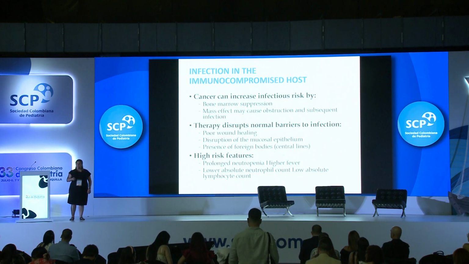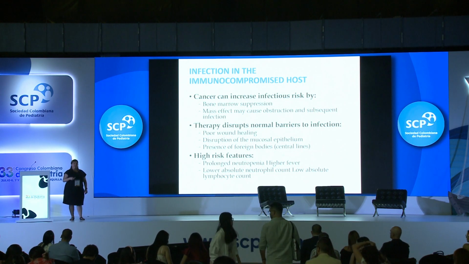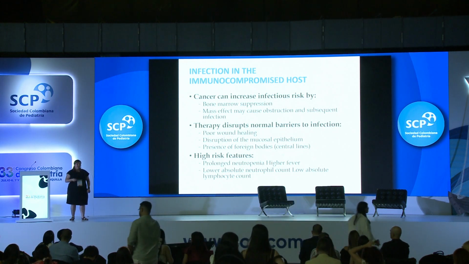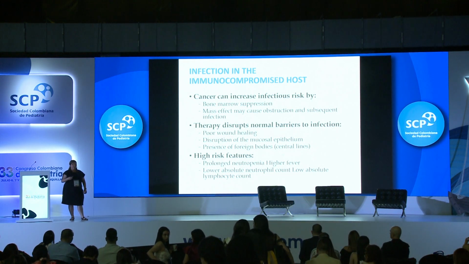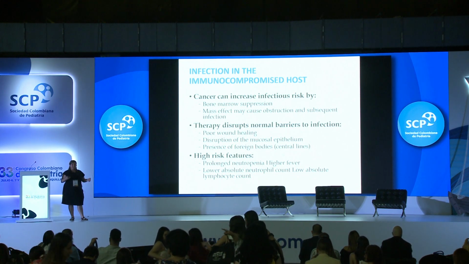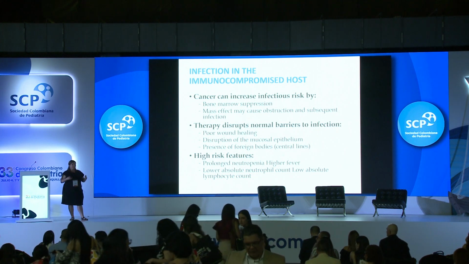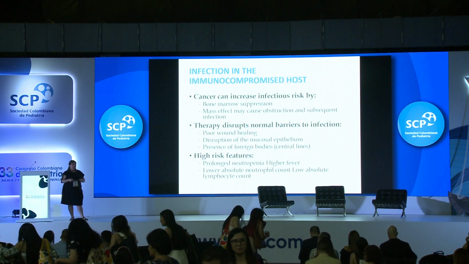The therapies that we give, so chemotherapy, radiation, conditioning regimens for transplant, all of those can disrupt the normal barriers to infection. And so things that patients typically have to help prevent infection from getting in are sometimes broken down in our patients with oncologic diagnoses.